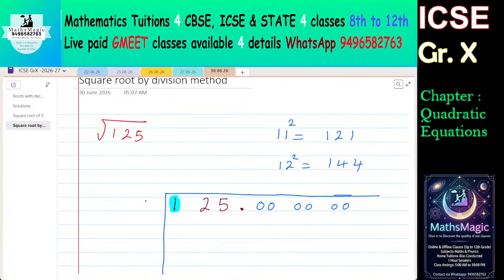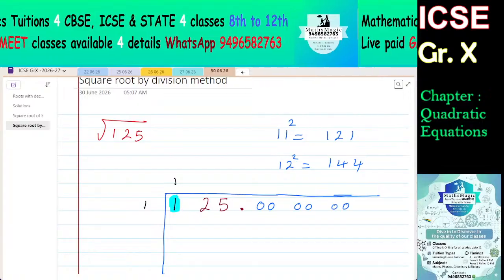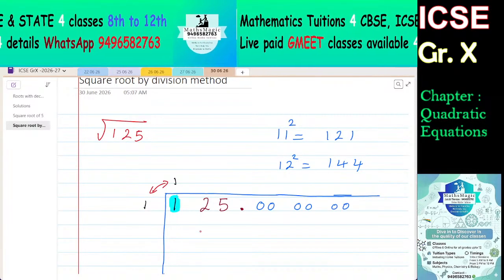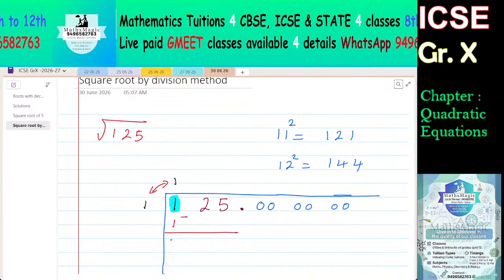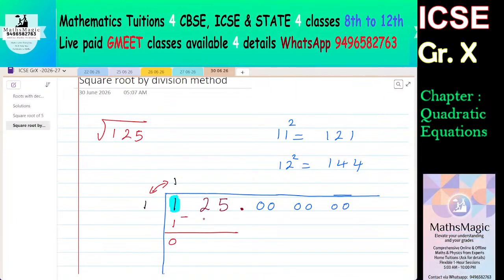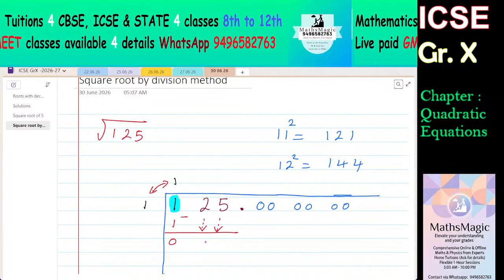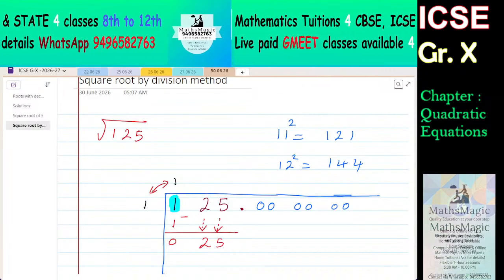So we'll write 1 here, and we can write this 1 multiplied here. And then the normal subtraction gives 0. You need to take down this 25 to the next step.